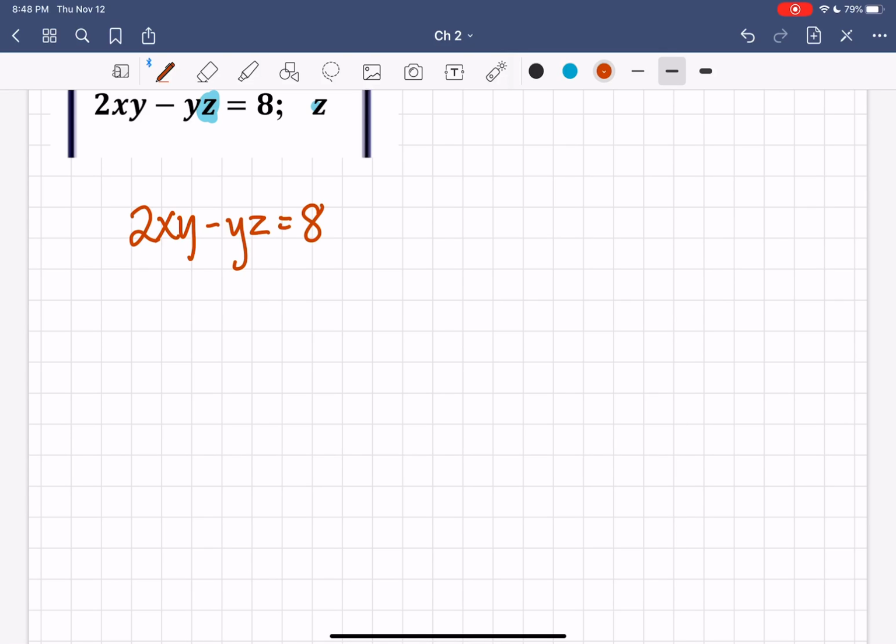But there's something that is probably causing a big roadblock for you, because if I move the 2xy over to this side, there's a little bit of a weird thing because I have a y here still, and one of them is going to be divided by y and the other one won't be, and it's just going to be weird, and probably not the option in the maze that you need.